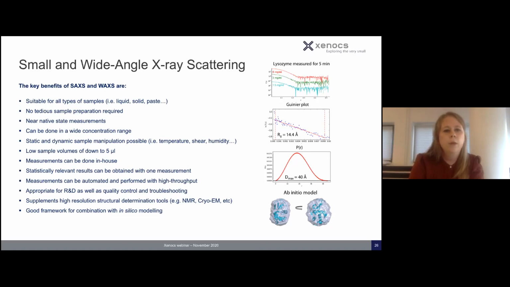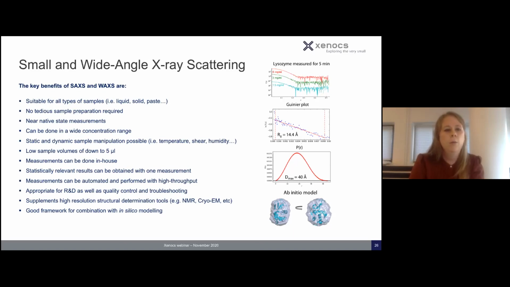Sample volumes of down to 5 microliters are possible, and the measurements can be done in-house. The results are statistically relevant. Measurements can be done automated and in high throughput, and this makes this a technique that is interesting for R&D, but also for quality control and manufacturing troubleshooting.